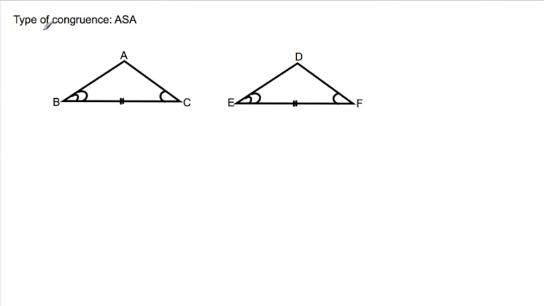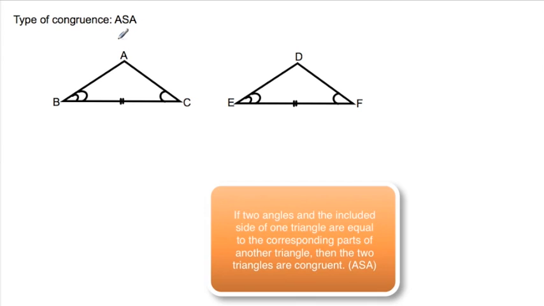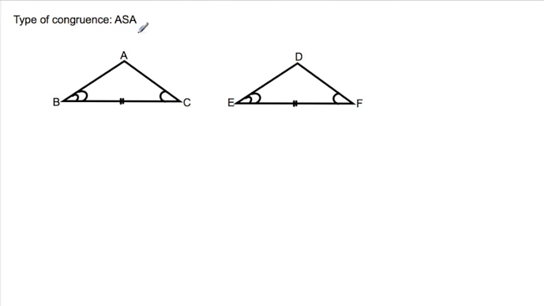The next type of congruence we're going to go over is angle-side-angle congruence. If two angles and the included side of one triangle are equal to the corresponding parts of another triangle, then the two triangles are congruent. This is the angle-side-angle test. So in triangles ABC and DEF, angle ABC is equal to angle DEF. We can see because these two markings show that they're the same.